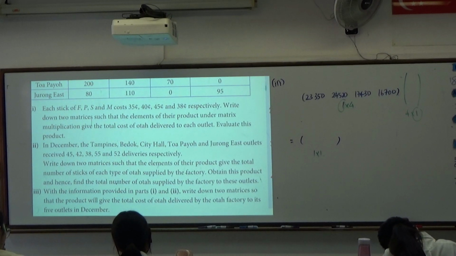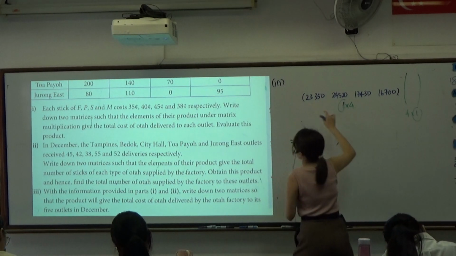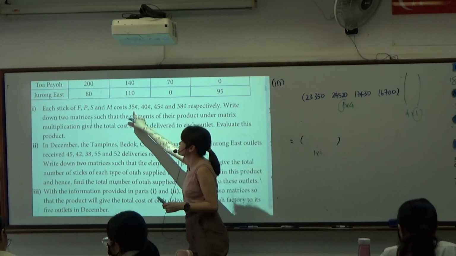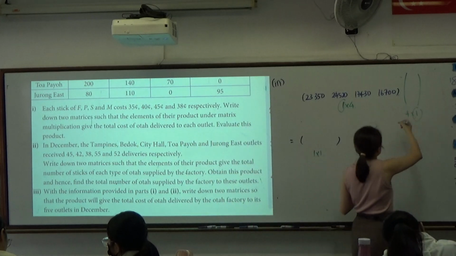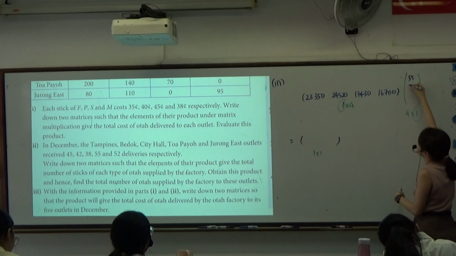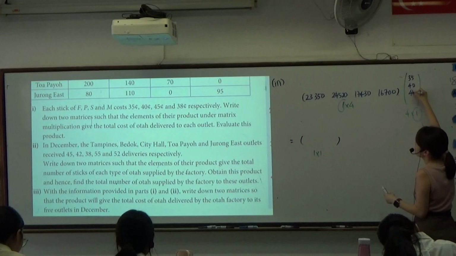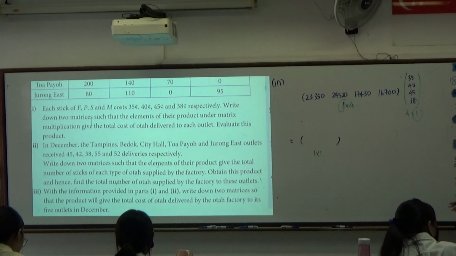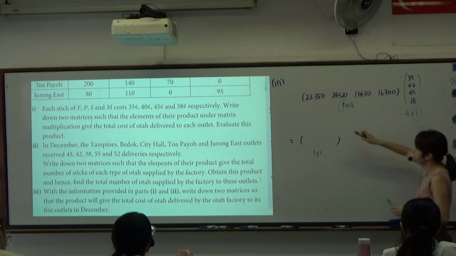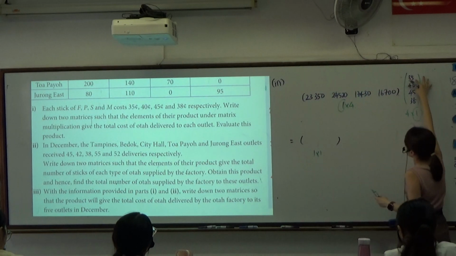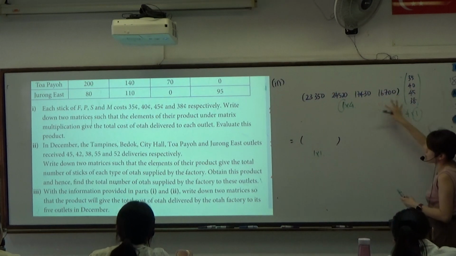So this 4 by 1 matrix will have to be the cost, because we are trying to find the total cost anyway. So 35 cents, then 40 cents, 45, and 38. By checking our matrix calculation, we're taking this multiply with this, plus this, plus this, and so on.